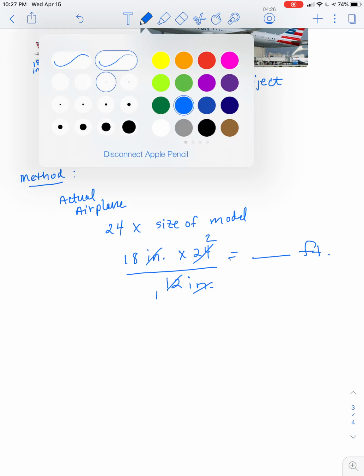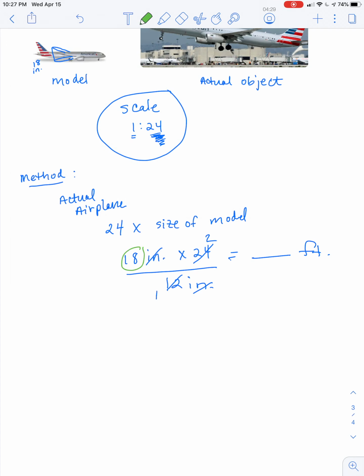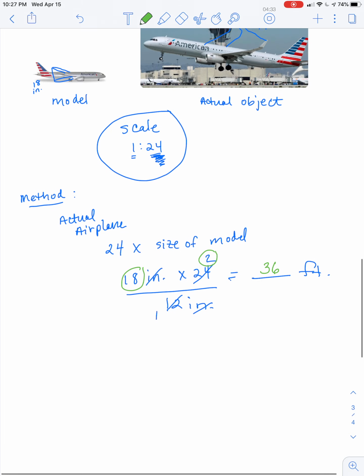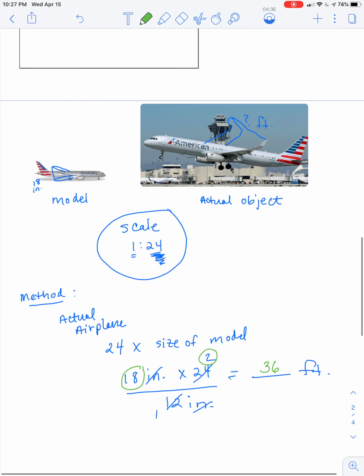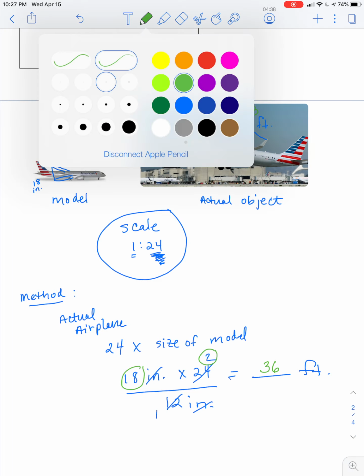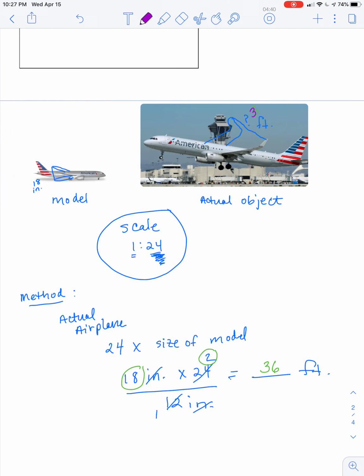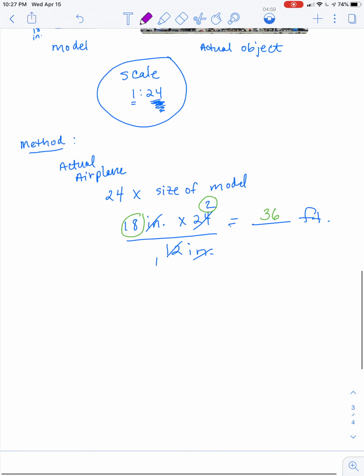What is left is 18 and 2, so my answer would be 36 feet. So the wingspan up here is 36 feet on my actual object. 36 feet is 24 times my 18-inch wingspan on my model.